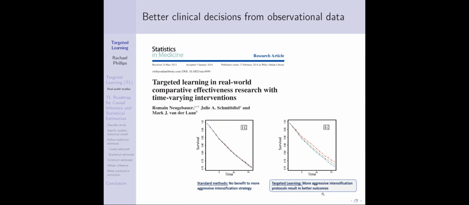When we used targeted learning, we saw more of a spread of how earlier intensification of glucose control was helping patients survive longer. So with targeted learning, we can let the data really speak for itself without assuming some sort of parametric form or model that is not realistically covering the true data generating distribution.